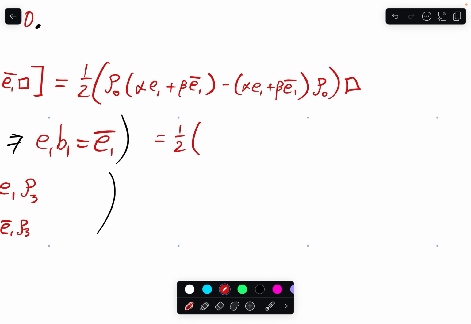Then be minus alpha E1 plus beta E1 bar, and I'm going to do 1/4, and then it becomes B1 minus B3, or B2. I'm going to absorb this minus sign here, so that's going to become B2 minus B1, then minus alpha E1 plus beta E1 bar, and then B1 plus B2 box.